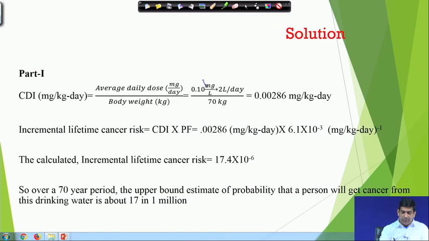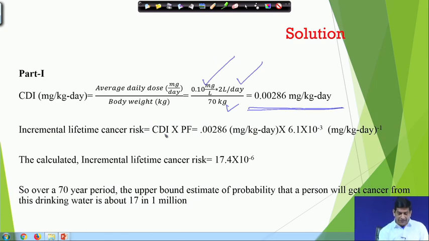So 0.1 milligram per liter was the concentration, 2 liters per day, divided by 70 kg. If you look at the units, liter will cancel out, so you have milligram per kilogram per day. The units seem to be okay. So we got the number 0.00286 milligram per kilogram per day.